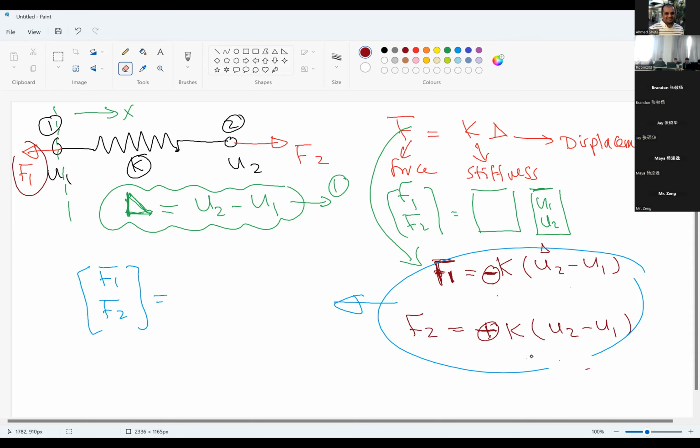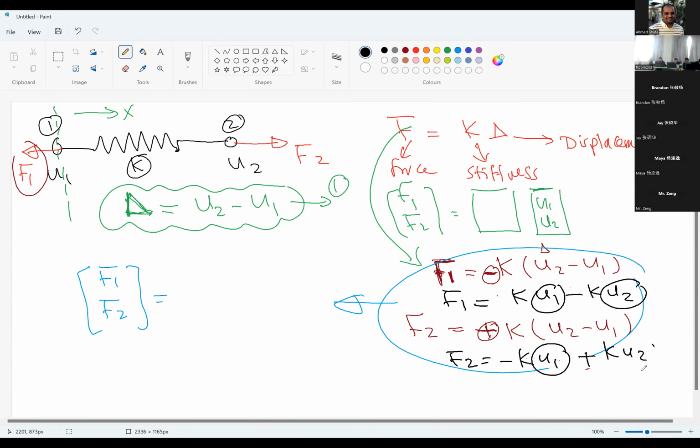So F1 will be K U1 minus K U2. I'm trying to get U1 first and U2 second. For this one, F2 will be minus K U1 plus K U2. So we have F1 and F2, U1, U2.